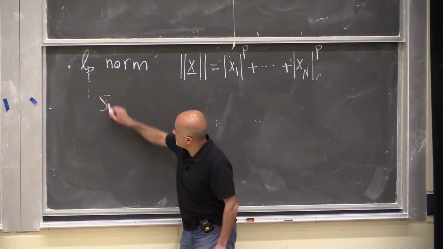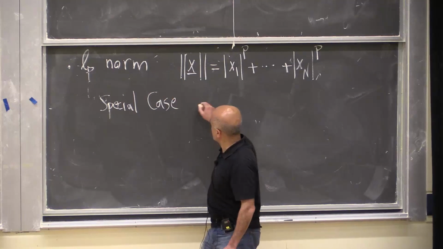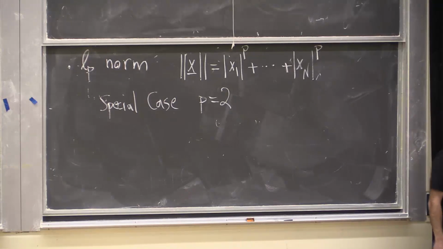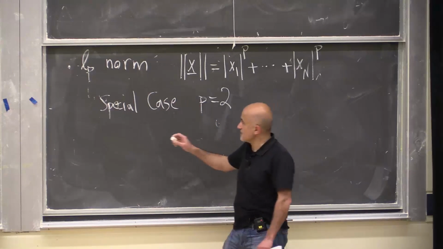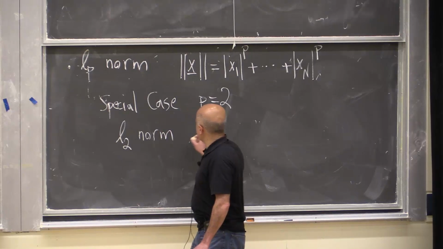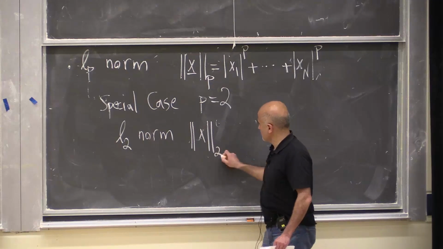A special case is when p is equal to 2. That's what we're going to fixate on for the rest of the semester, although there's another example I'm going to give you after this. But we're going to come back to this case. So the special case is the L2 norm, which is, I should have put a p here, 2.